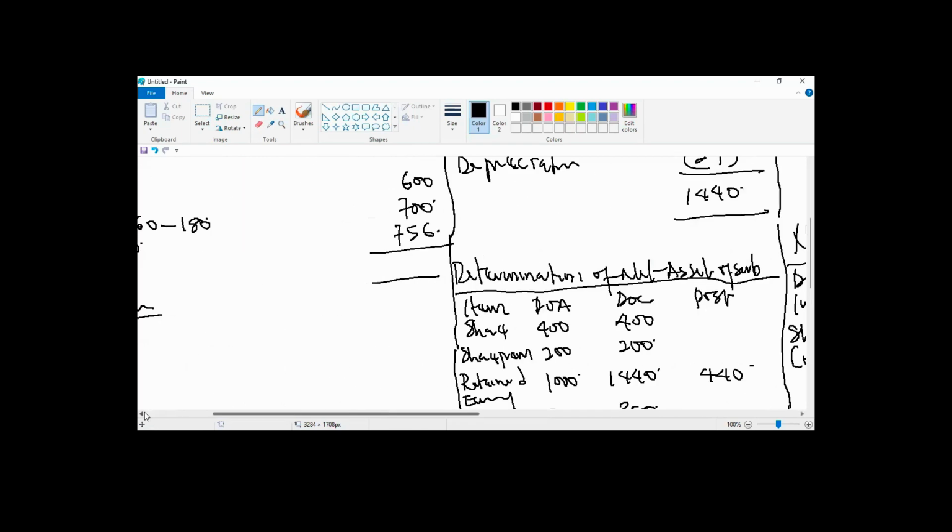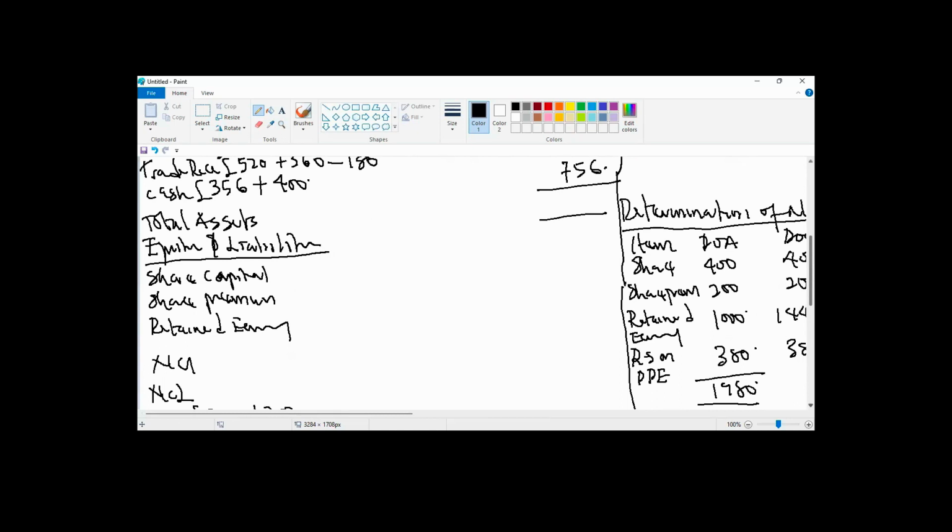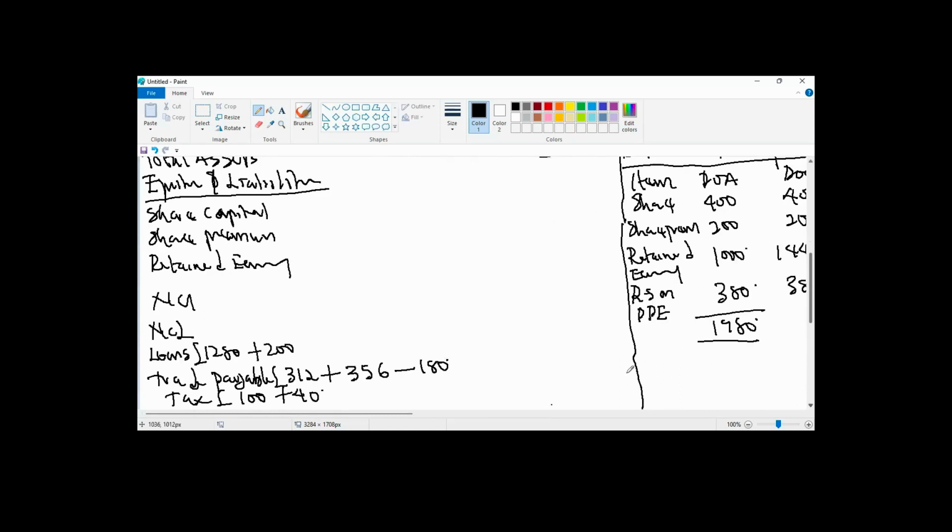I can now consolidate. What is the share capital of the parents? NCI 643. What is the share capital of the parents? 2,000. I'll pick 2,000.